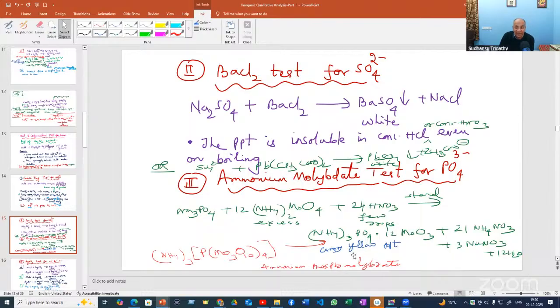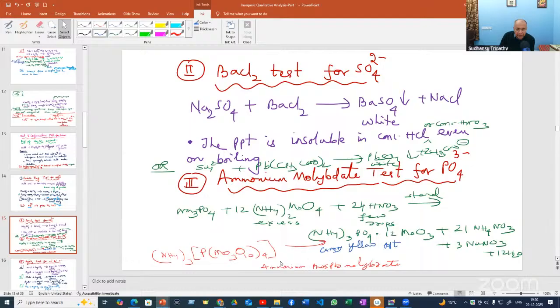We call it canary yellow precipitate, called ammonium phosphomolybdate. To write the equation easily, I used to say (NH4)3PO4, ammonium phosphate, dot 12 MoO3, plus 21 NH4NO3. This is a balanced equation: 12, 24, this is 1, this is 21, 3 and 12.